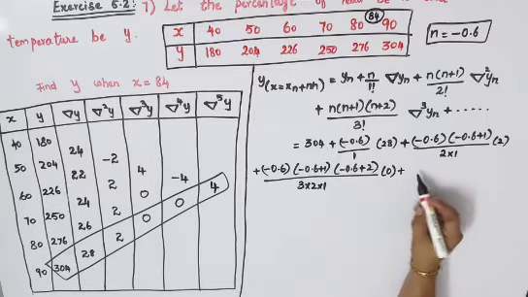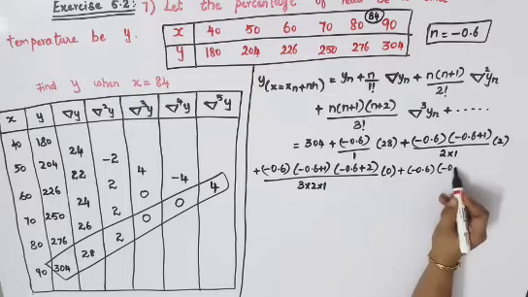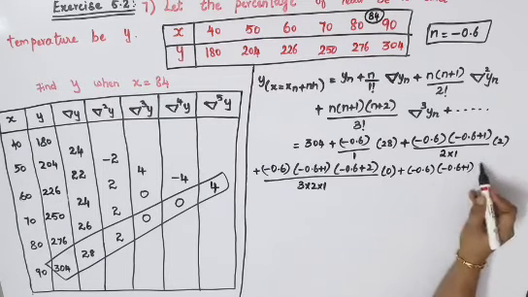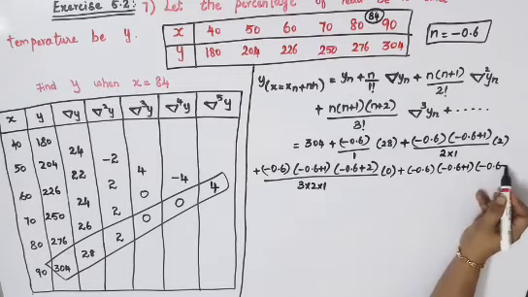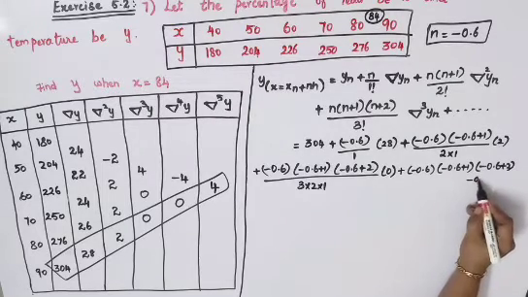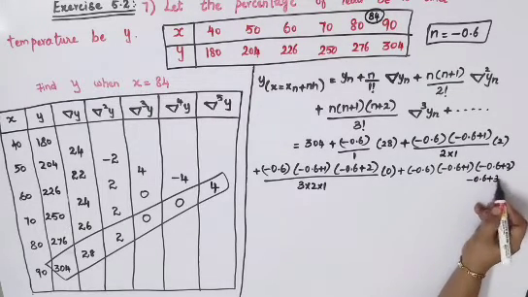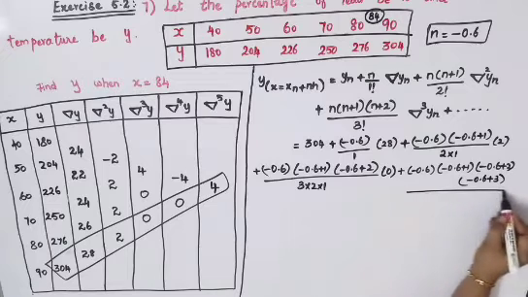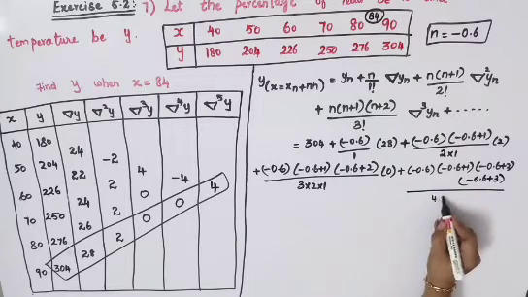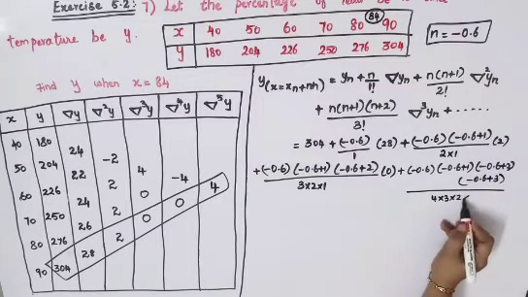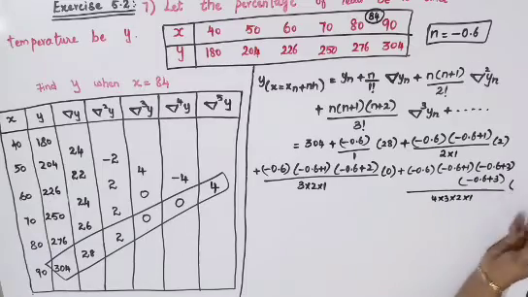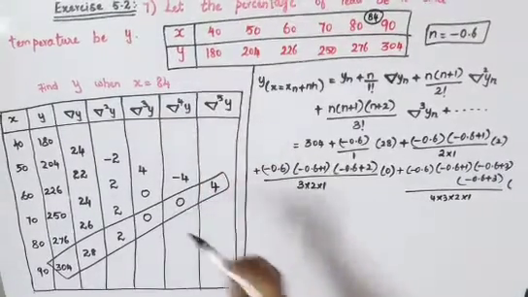Plus next is minus 0.6, minus 0.6 plus 1, minus 0.6 plus 2, minus 0.6 plus 3, divided by 4 factorial, so 4 into 3 into 2 into 1, into Δ⁴y value. You have to see 0.